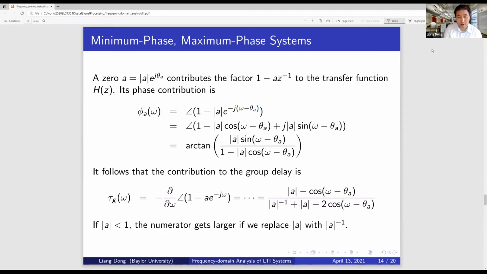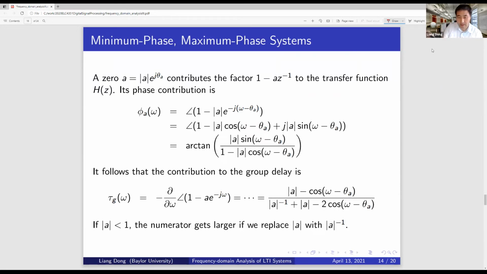We have the absolute value of A times e to the power j theta A, where theta A is the phase of A. So this is a particular zero that contributes a factor 1 minus A times e to the power -jω to the transfer function H. This is the factor that contains the zero A, which will be in the numerator.